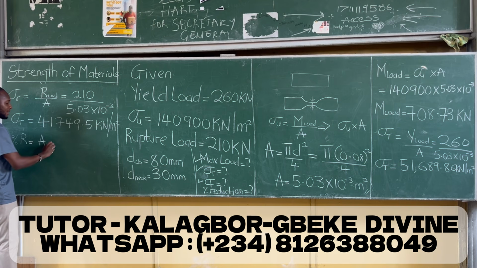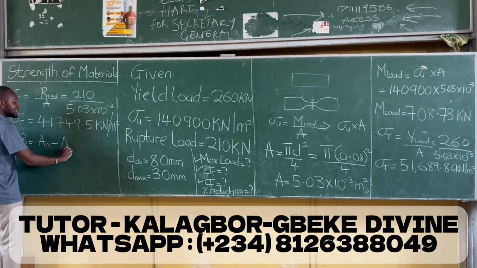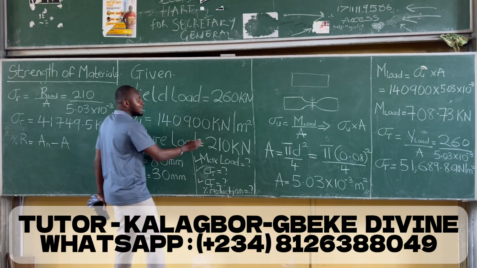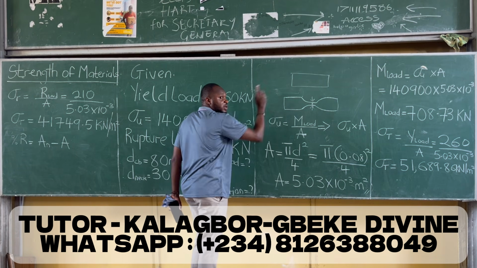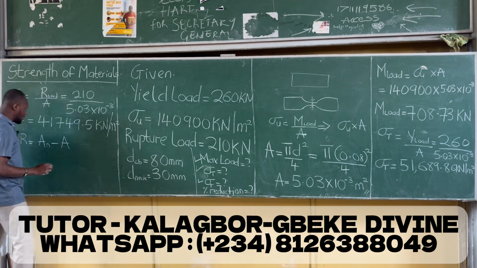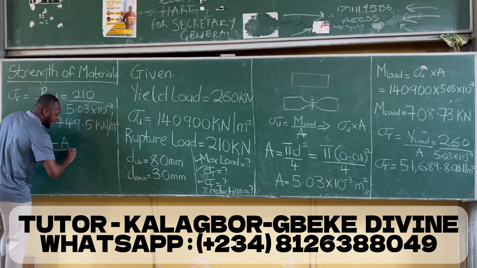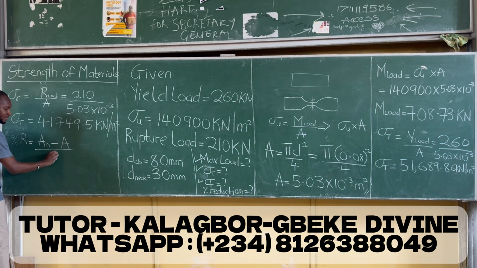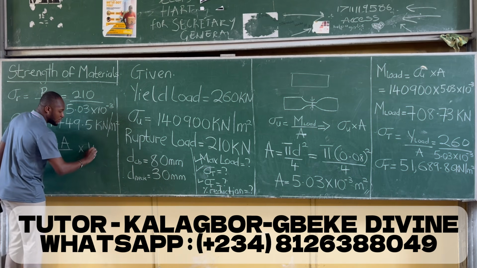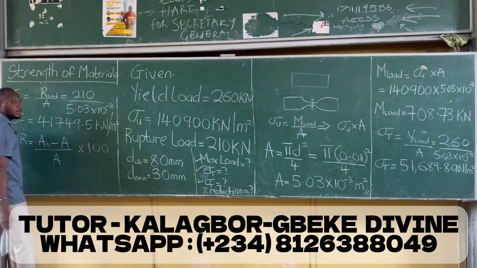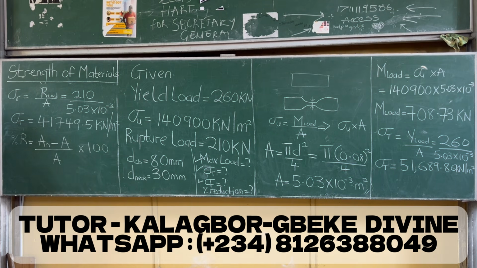The neck area minus the original area. That's the neck area, the area of this shape, minus this other shape, right? There are two different shapes. Take notes. Over the original area, right? Then times 100. So, okay.